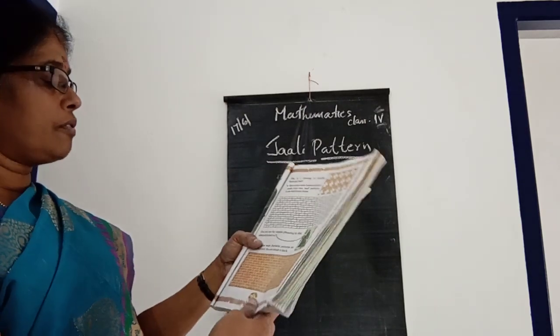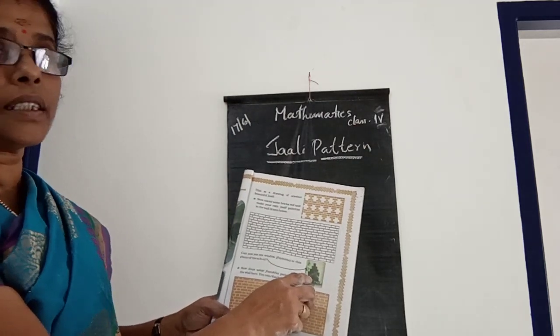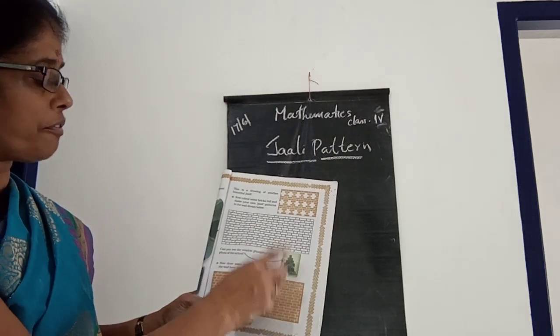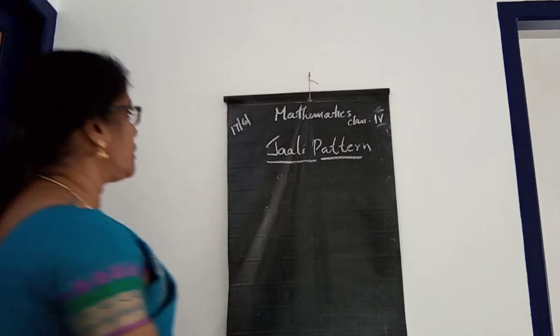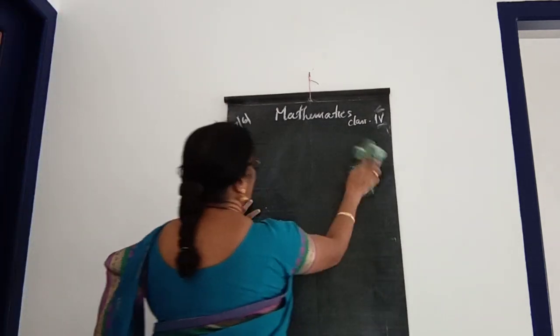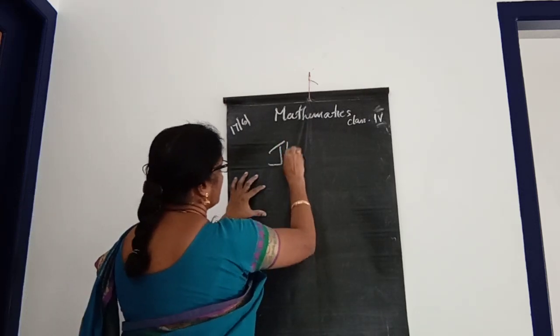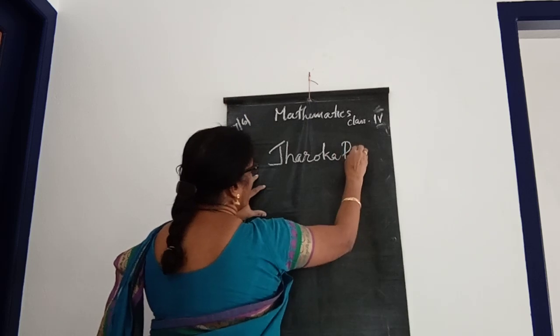Okay. And next one, can you see the window? That window, Jaroka. That is a Jaroka pattern. The window is in Jaroka pattern in this photo of the school. And how is it done? Look, children. Jaroka pattern.